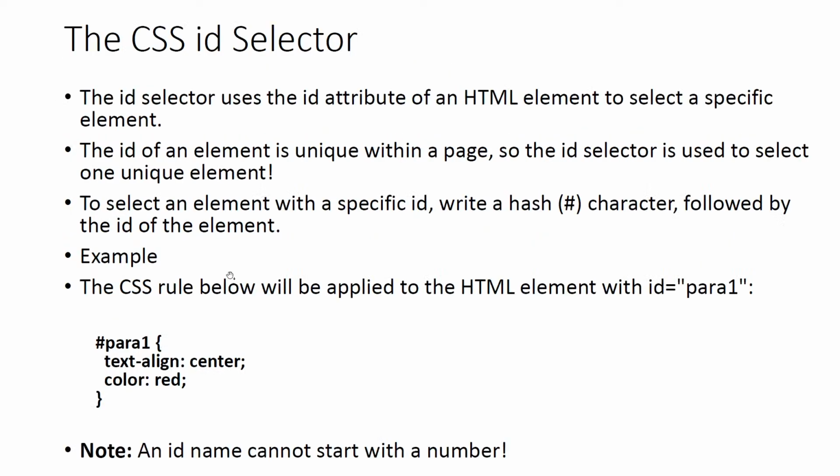Then the second one is what we call the ID selector. The ID selector assumes that we have an attribute called ID in a particular tag. If a tag has an attribute called ID, then we are going to use the value of that ID as our selector.